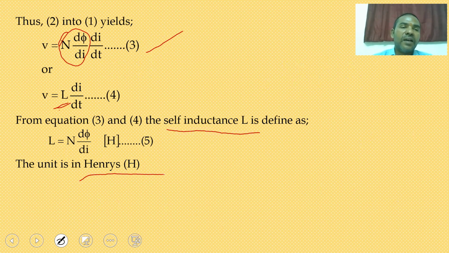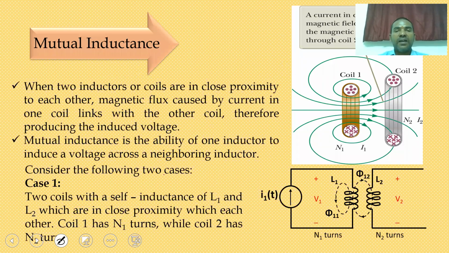Now coming to another example, mutual induction between coils gives a mutual inductance. Let us assume two conductors are there. This is one conductor, this is another conductor, or two coils. Coil 1 and coil 2 are very near each other.